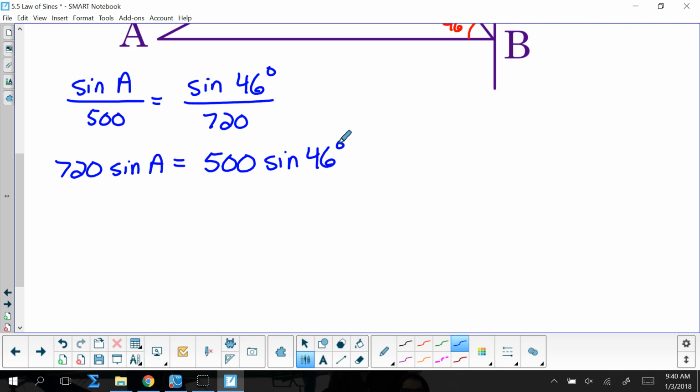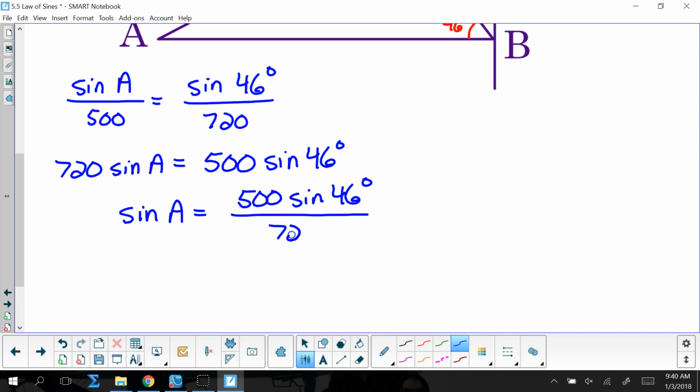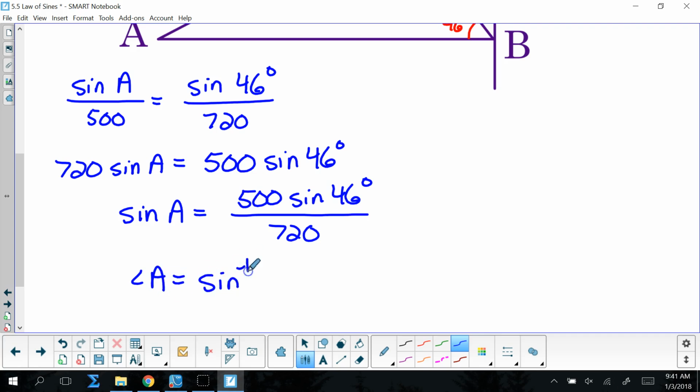I need to get A by itself, so the sine of angle A is going to be 500 times the sine of 46 degrees divided by 720. I need to find angle A, so what do I have to use? Inverse sine. So angle A here is going to equal the inverse sine of all of this.